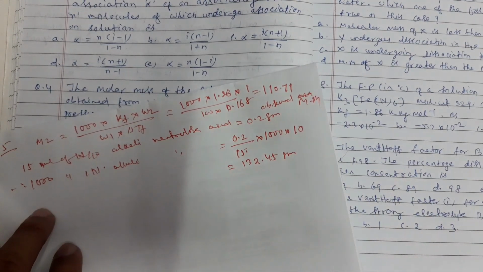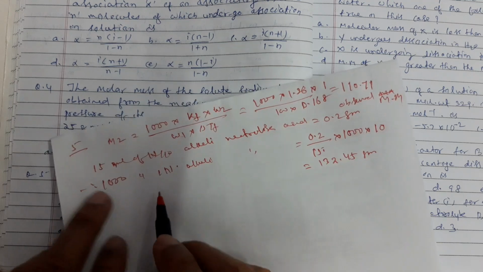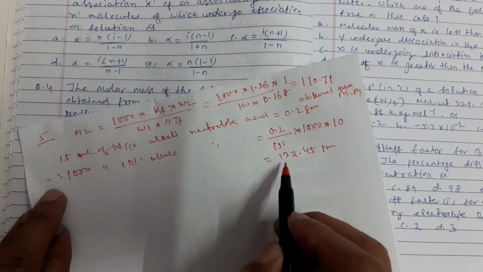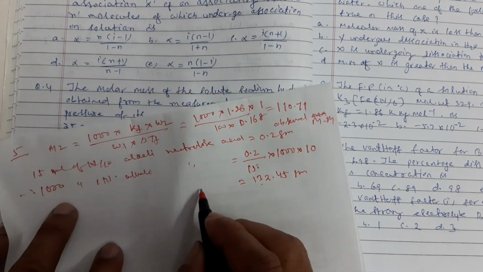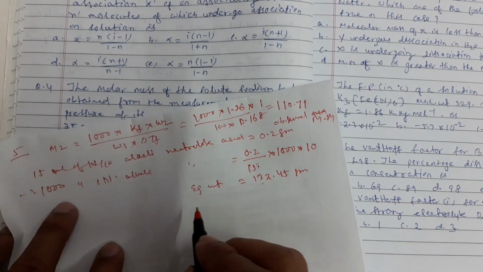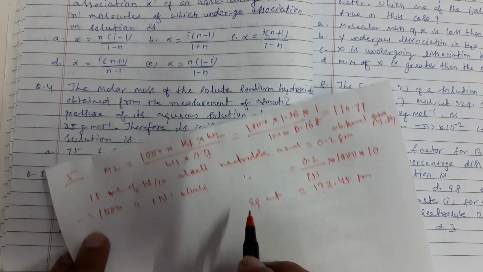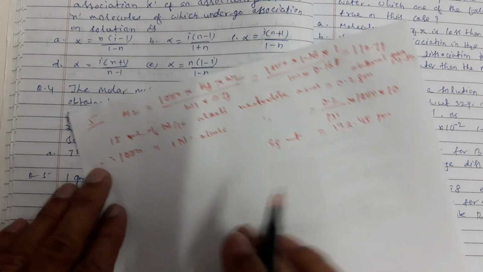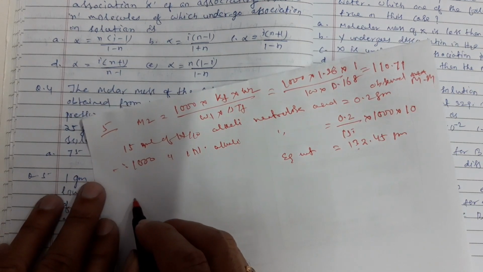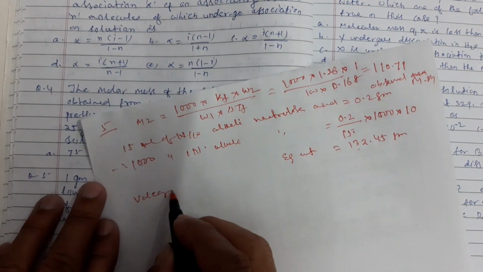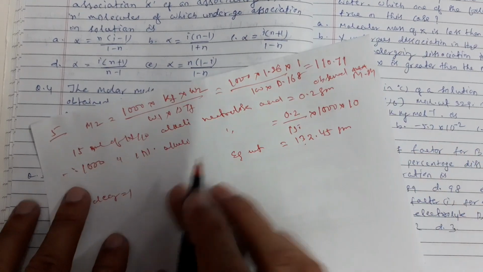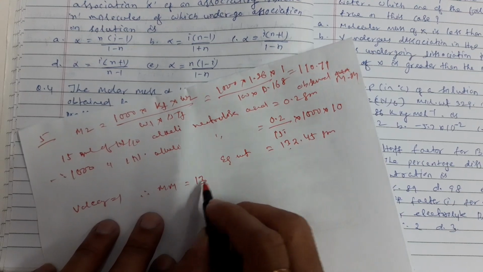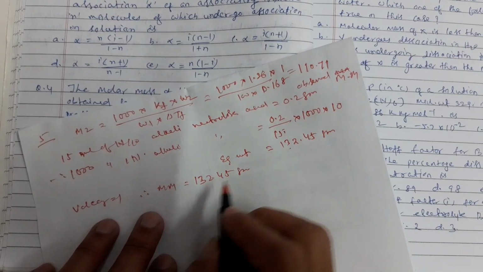So for 1000 ml of 1N alkali, the neutralization means it is your equivalent weight. But it is a monobasic acid, so the valency is 1, therefore the molecular mass is also 132.45 gram.